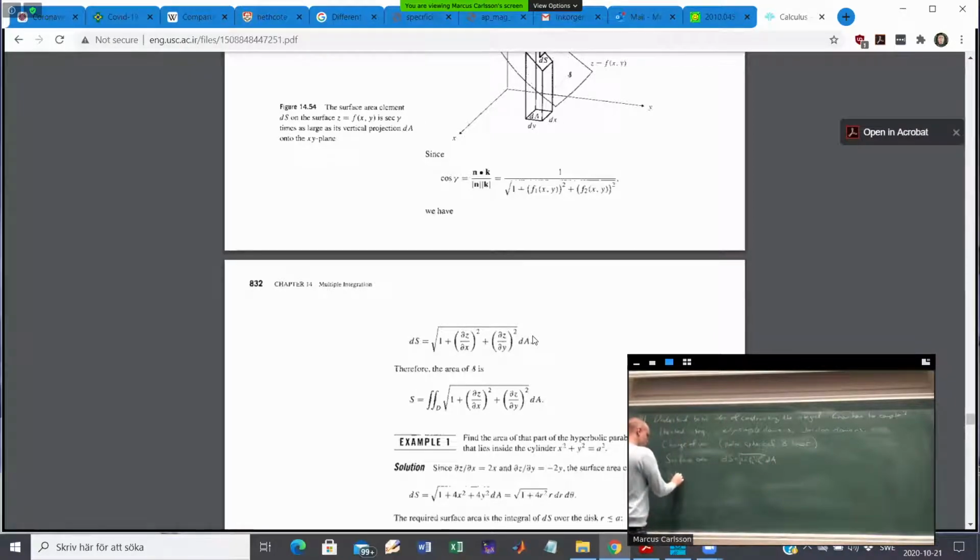Then we had the slice formula for 3D integration, right? So how was that?